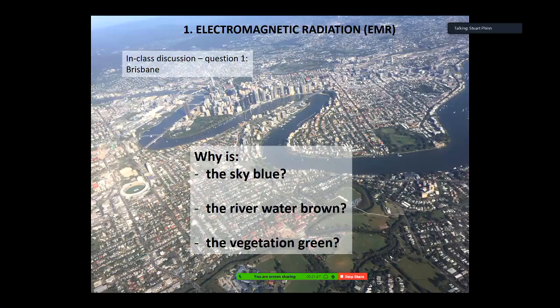Why is the river water brown? Yeah, so suspended sediment that's in suspension. Generally inorganic material which is floating around, so generally not organic material. Rivers can be silty and sediment laden naturally.